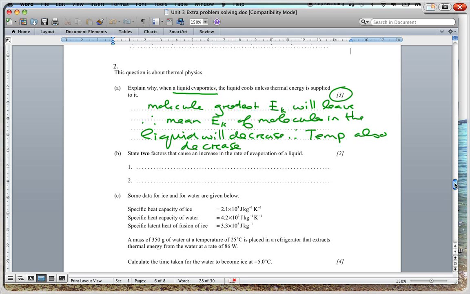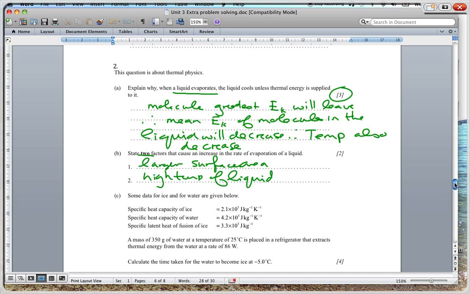State 2 factors that cause an increase in the rate of evaporation. There are actually 4. There's a larger surface area. We have a higher temperature of the liquid.